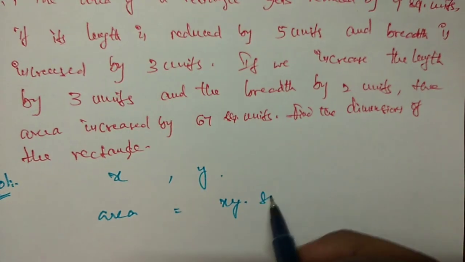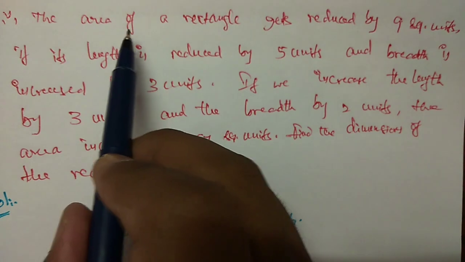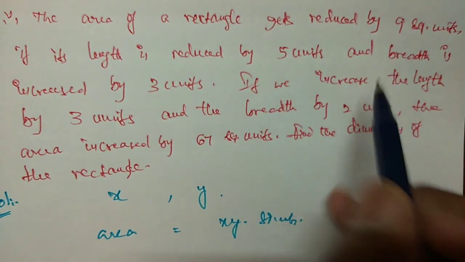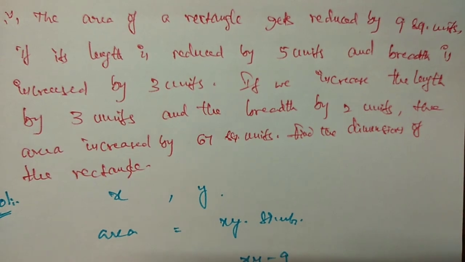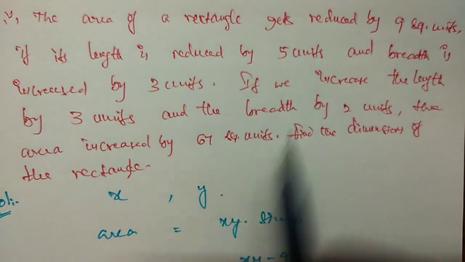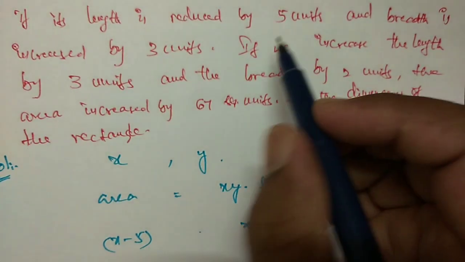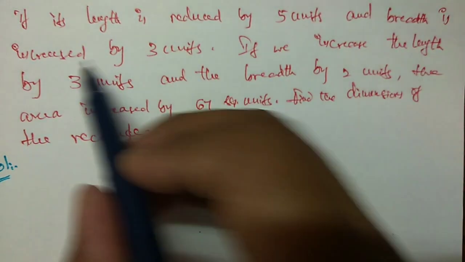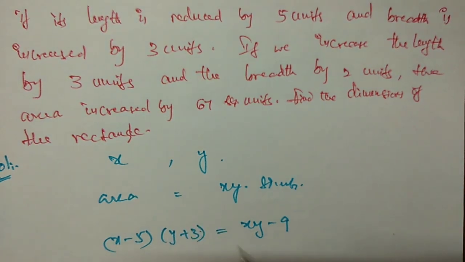As per the first condition, the area of the rectangle gets reduced by 9 square units, so xy minus 9, if its length is reduced by 5, so x minus 5, and breadth is increased by 3, so y plus 3.